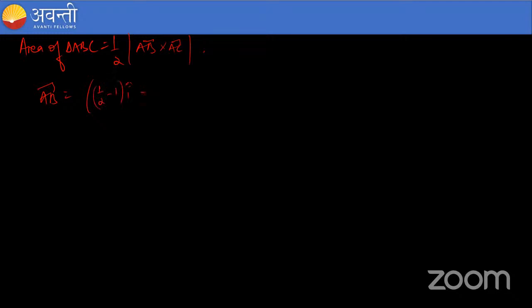To find the area of triangle ABC, we take half times the modulus of AB bar cross AC bar. You know the coordinates of B and of A, so AB bar is (1/2 − 1) i cap plus (1/2 − 0) j cap plus (0 − 0) k cap.